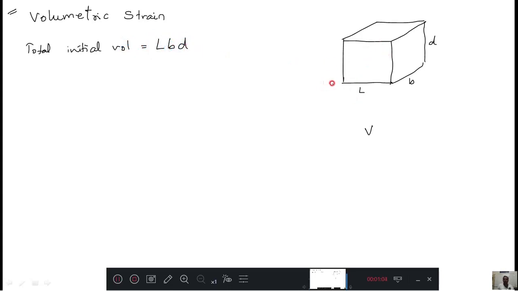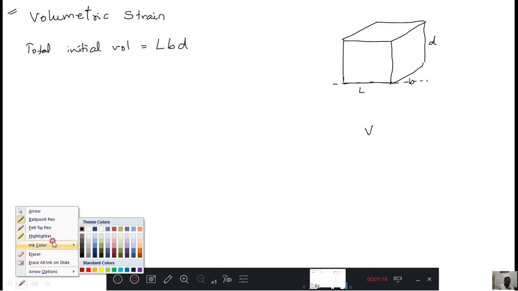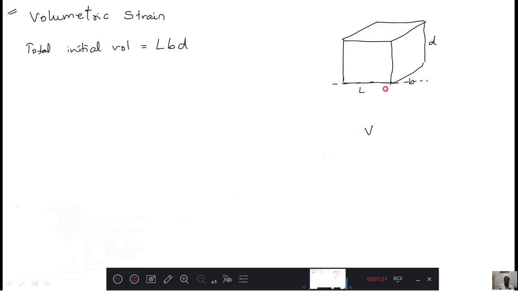Now I will apply some force to this in all directions, in X direction, in Y direction, in Z direction. Then it will yield, which means its volume will increase. The volume may increase lengthwise.